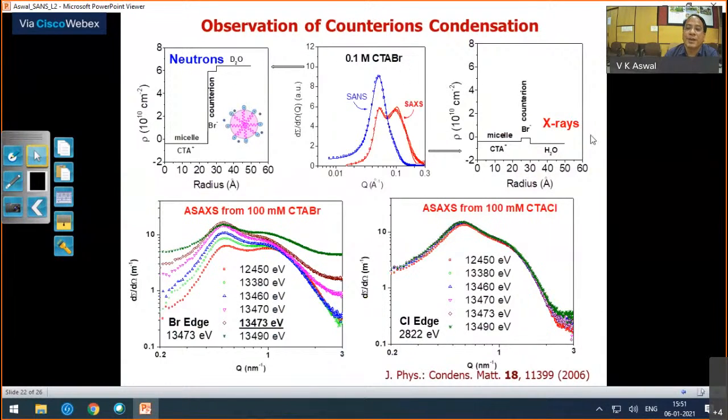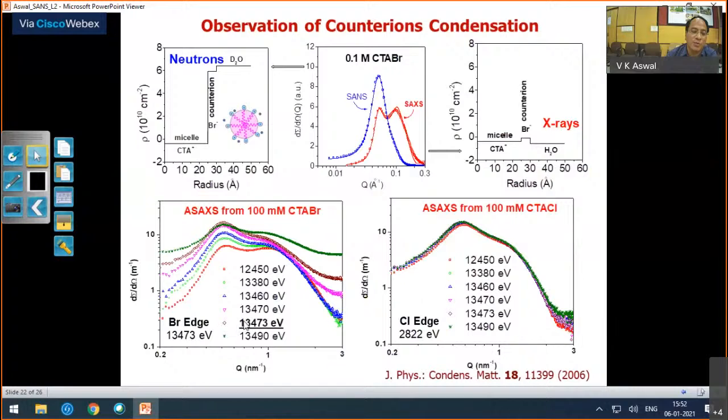So if I want to verify these condensed counterions, there has been a lot of work on this topic, where bromide, chloride, iodide counterions behave very differently. As a result, the phase behavior of these structures is very different. So just to see whether you can identify the condensation of these counterions by anomalous small angle X-ray scattering.